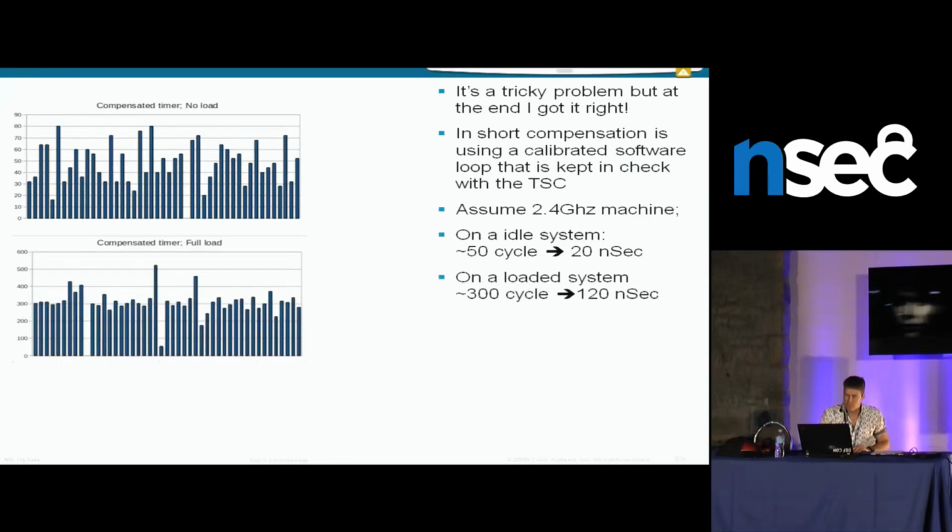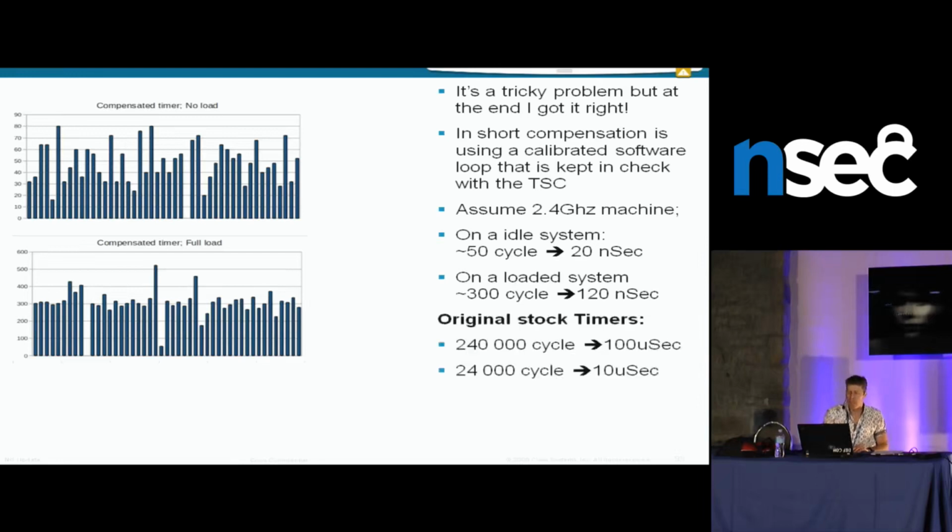On a loaded system, it goes to 300 cycles. If you compare that with the stock implementation, the stock implementation was giving 240,000 cycles, best case 24,000 cycles. That was way out of bounds. So these 300 cycles, 50 cycles, this is what we need to be able to transmit data over cache.